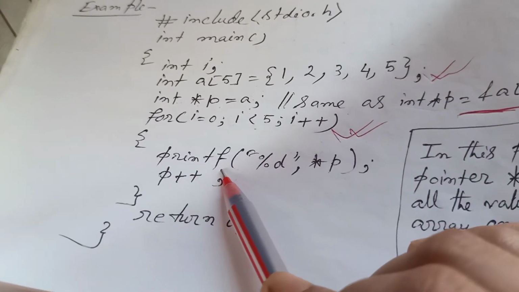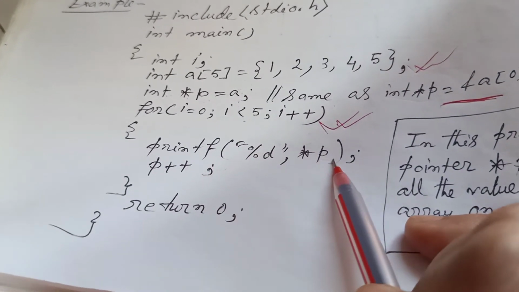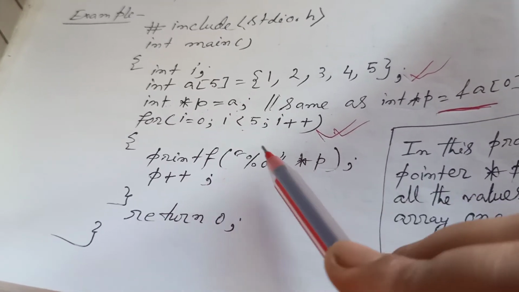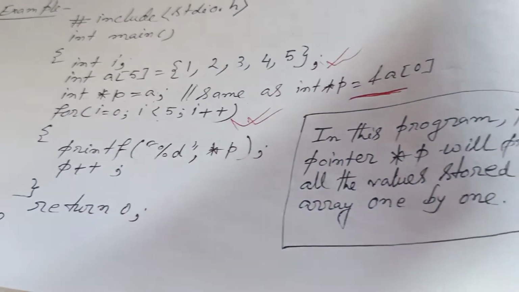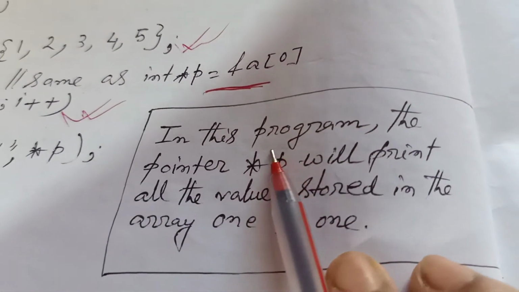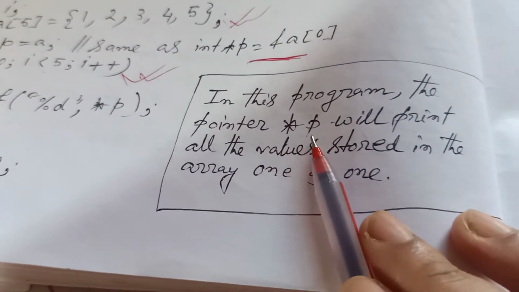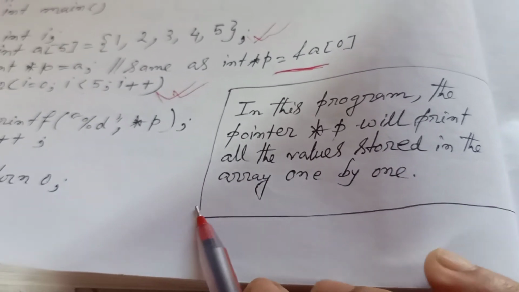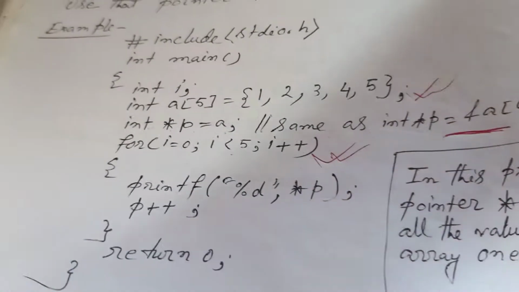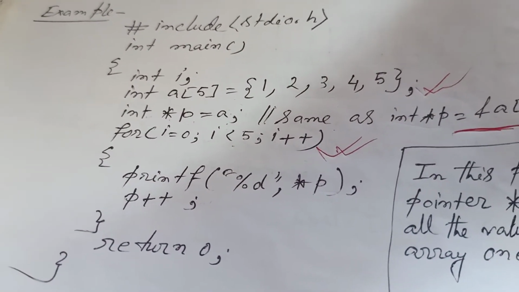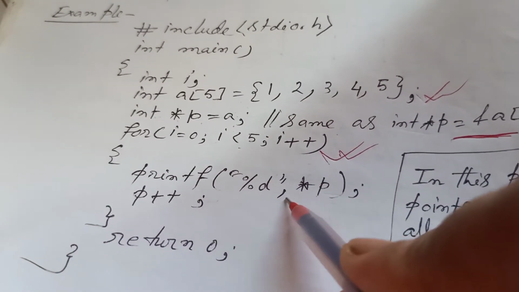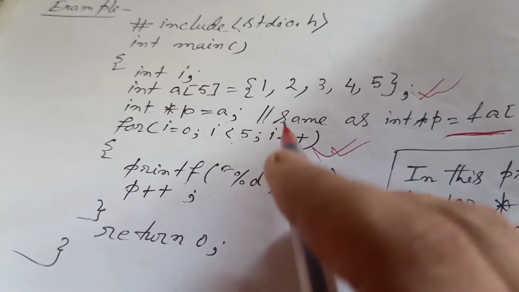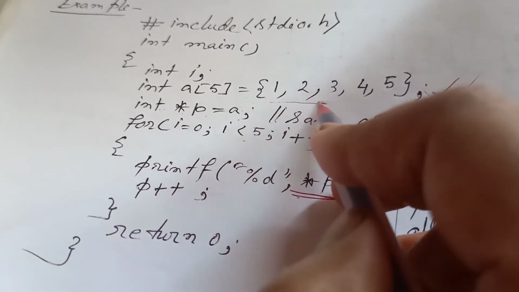So printf *p and then p++. Here you can see the pointer p will print all the values stored in the array one by one. So this pointer p will display the value of each array element.